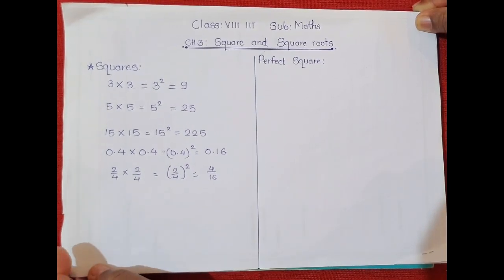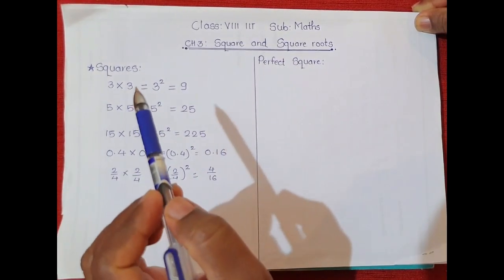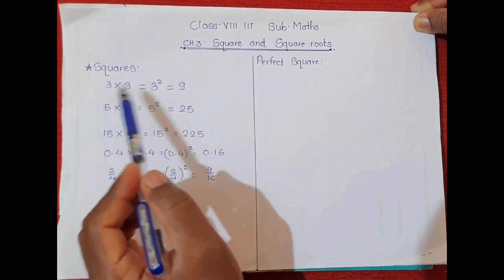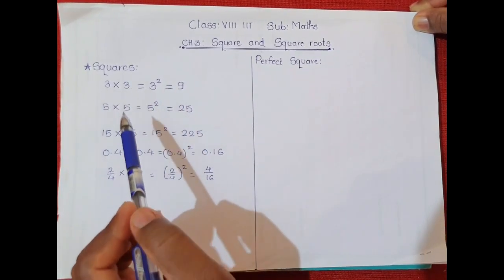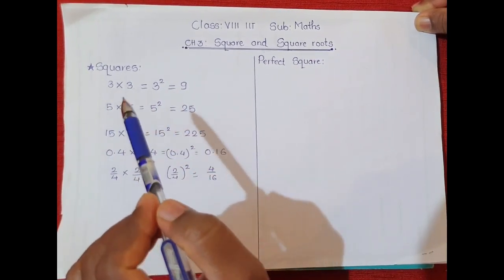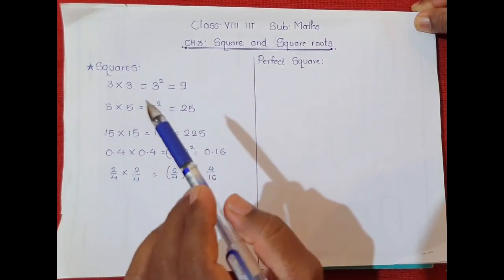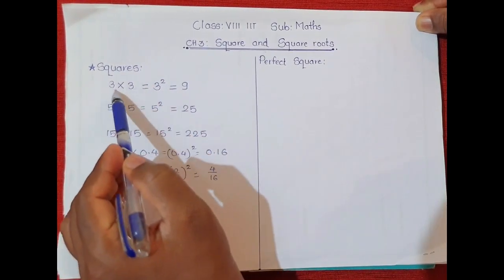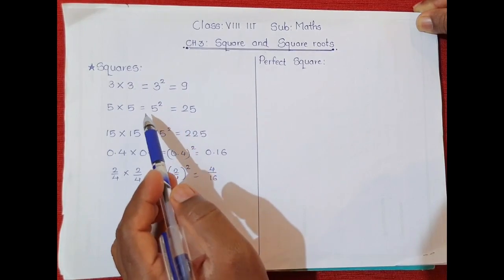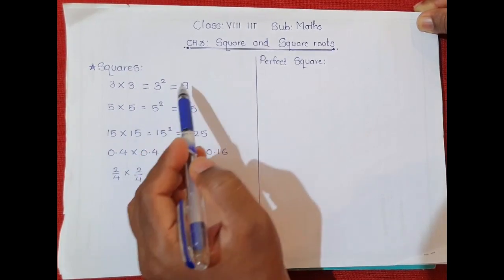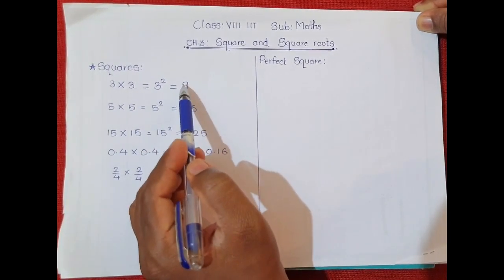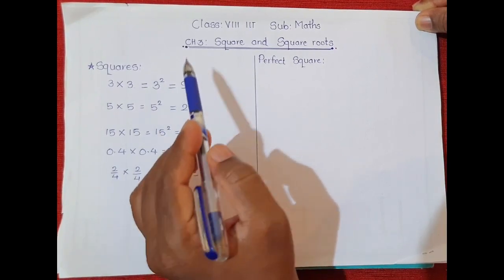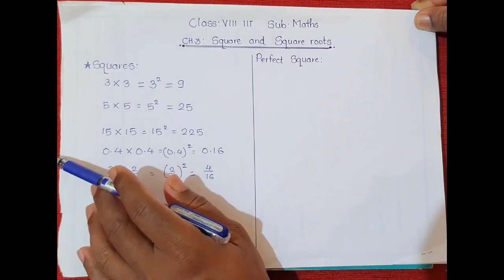Okay. So when a number is multiplied by itself, the product so obtained is called nothing but the square of this number.